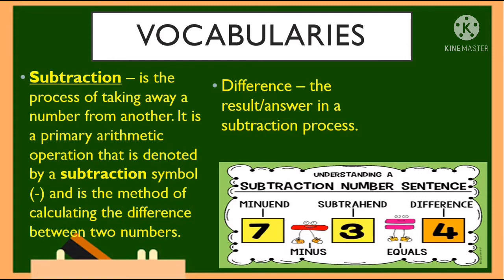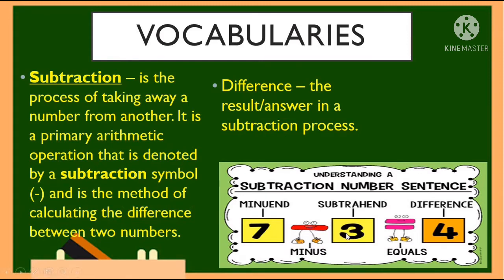Alright? And then of course the minus. You can say this one as minus or subtracted by or subtracted to. Okay? So those are the words that can be used here on this symbol.